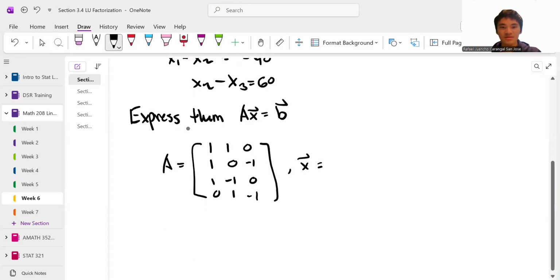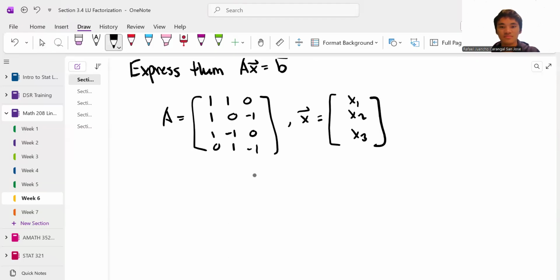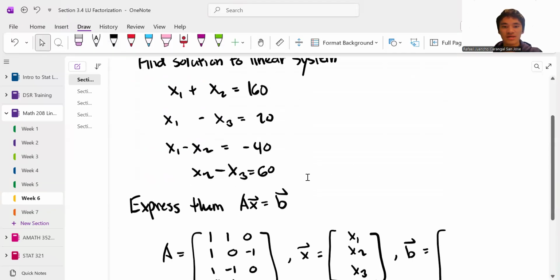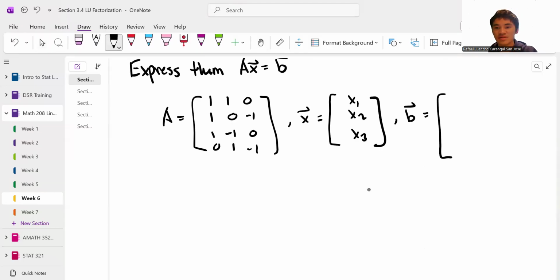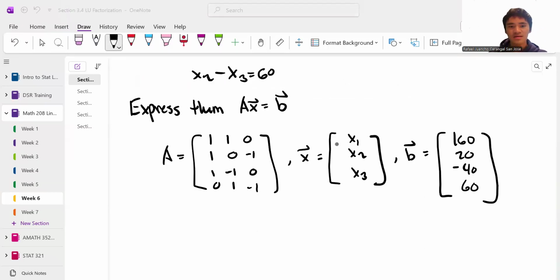What's x? x is just x sub 1 to x sub 3, which we already know. What's b? b is the constants on the right-hand side: 160, 20, negative 40, and 60. So here we use a new approach to find the solutions to this system.